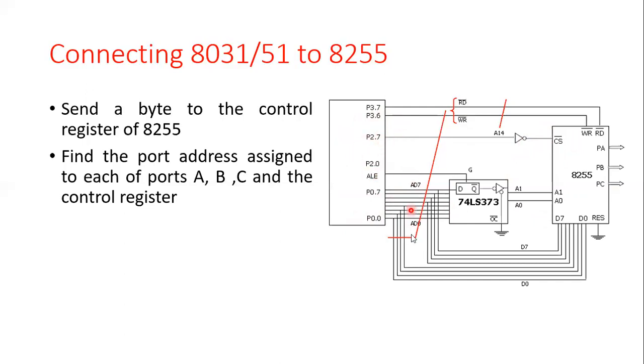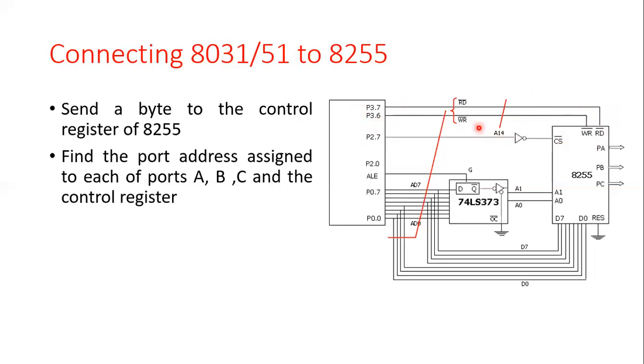Together the 16-bit address is formed here. So in this, which pin are we using? Only address 14 we are using as an input for the chip select. And this P3.6 is for the writing operation, and P3.7 for the reading operation.